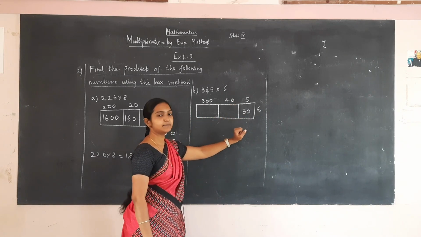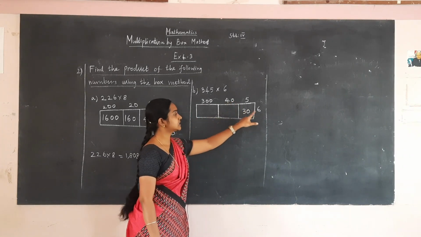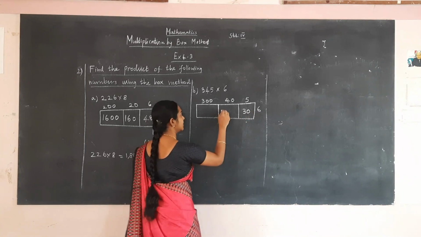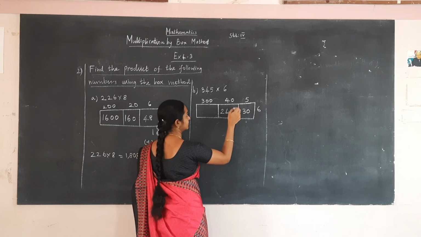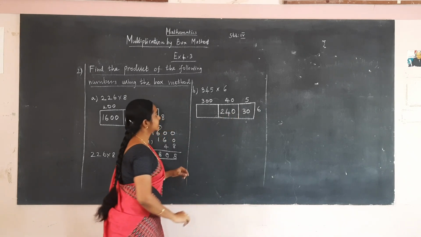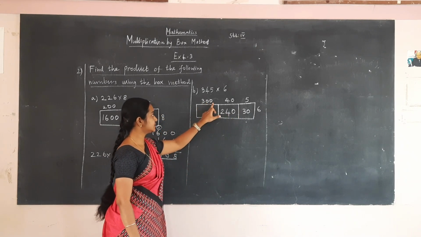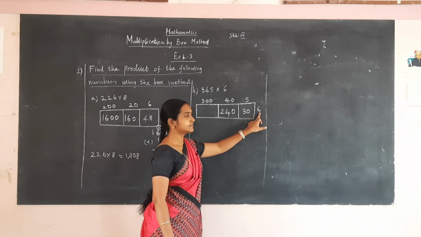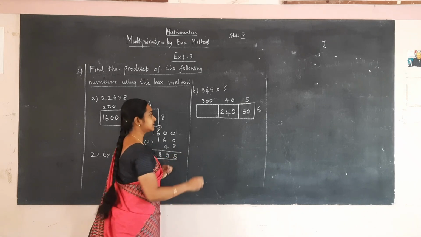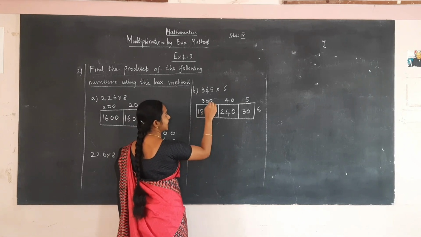Skip the 0 and multiply 6 and 4. 6 4s are 24. Write it in the second box and add 1 0. Next skip 2 zeros in 300 and multiply 3 and 6 alone. 6 3s are 18. Write it in the third box and add 2 zeros.